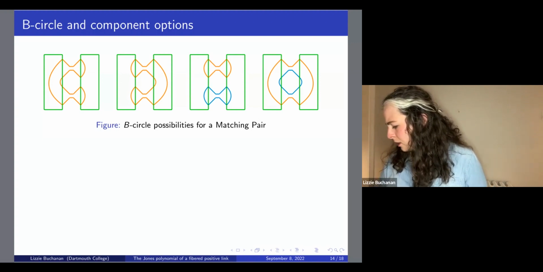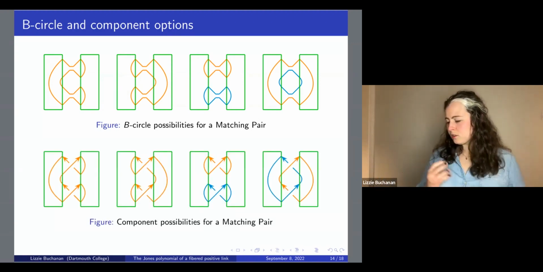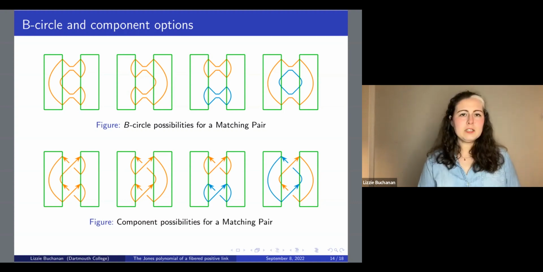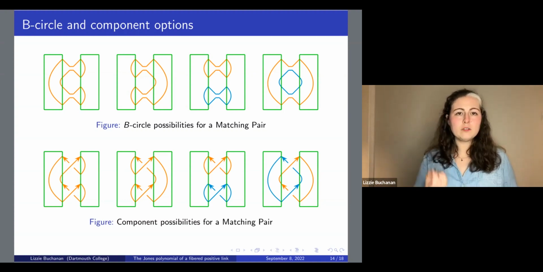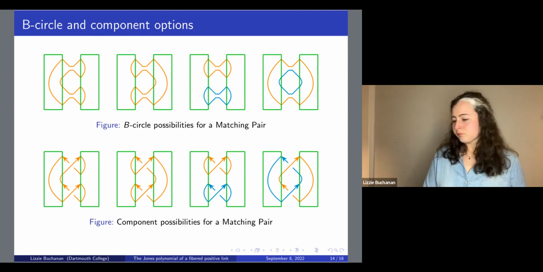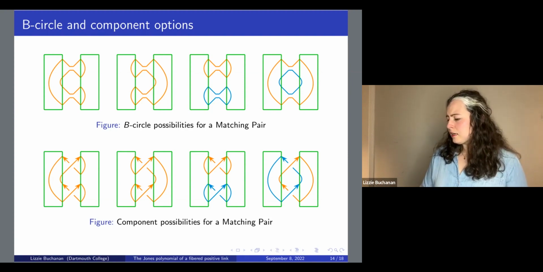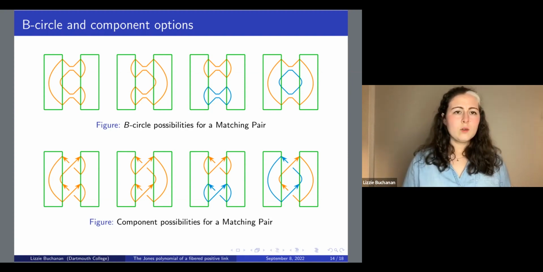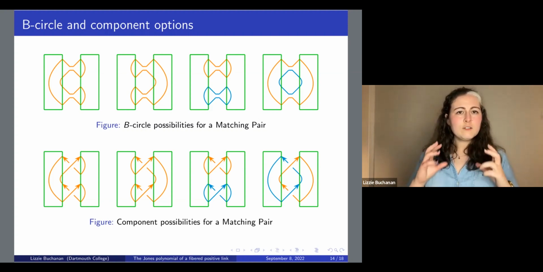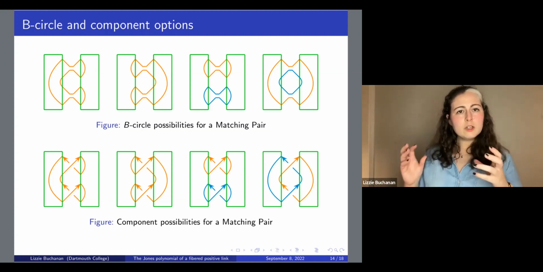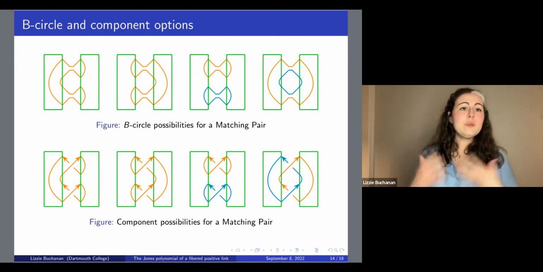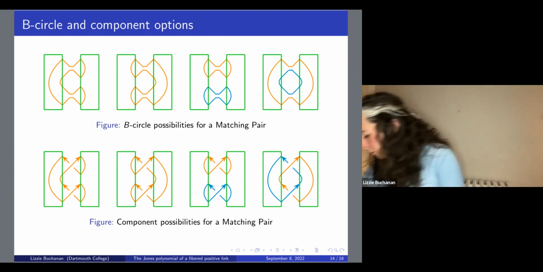And it turns out that there's quite a similar situation of what the possibilities could look like for how the link components are drawn in this diagram. And I also want to note that we're able to determine that there's only these four possibilities for the B circles, because we do have the constraint that a B circle can't cross itself.